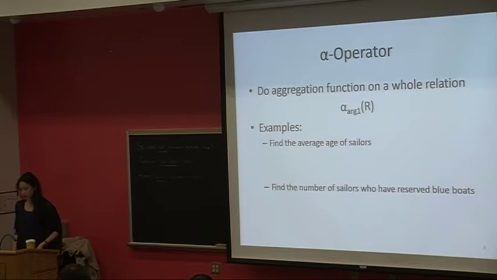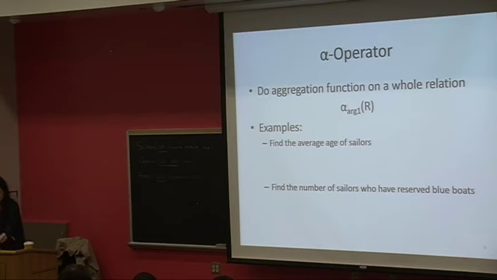So this is where we want to use the alpha operator. There are 2 formats, or you can see 2 formulas of alpha operators. The first one is the one I said earlier. We just simply do some sort of computation among all of the values, maybe in a column or a whole table.